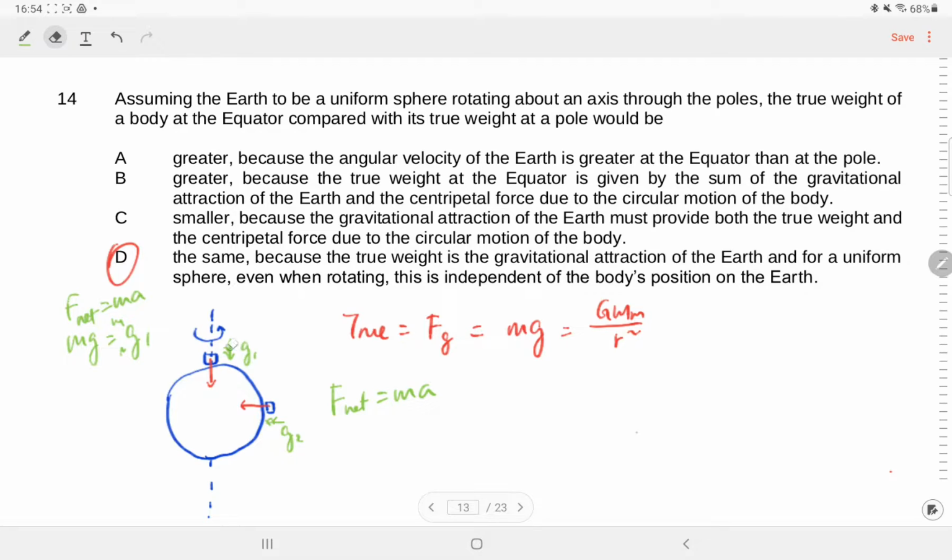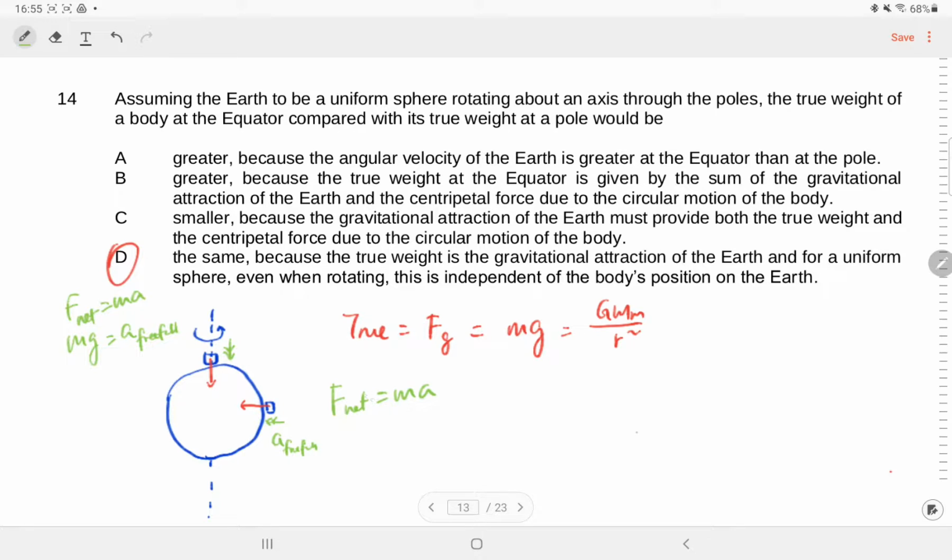Let me just change my notation. I think it'll be better if I just call it a, the a of free fall. It is a of free fall as well, but you note that they are different accelerations of free fall.